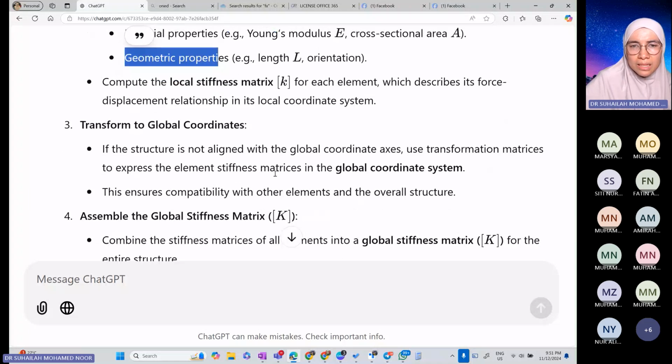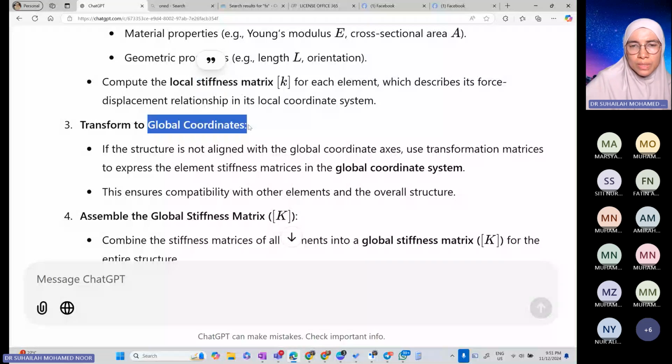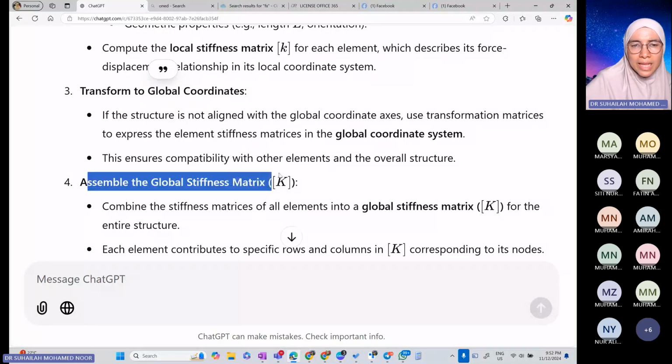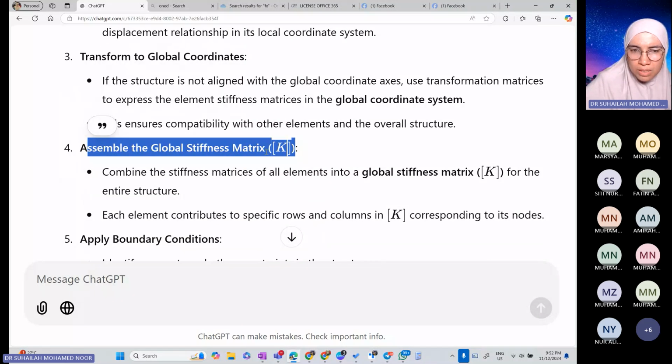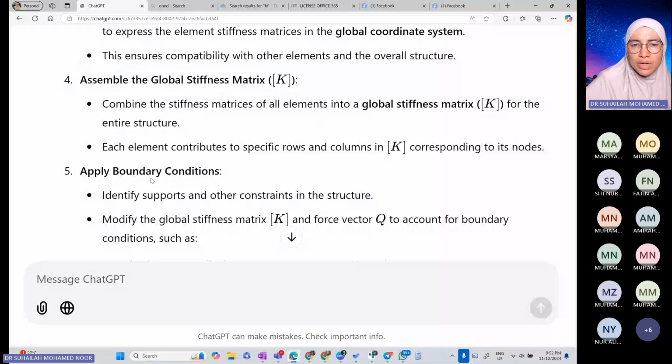Tapi in our case, kita tak tengok for local stiffness matrix, kita go directly to the global coordinate. Kita tak ambil yang local system lah, kita akan refer directly to the global coordinate. Okay, so from global coordinate ada formula, so kita akan establish the global stiffness matrix, the stiffness matrix for the truss, and lepas dah dapat the stiffness matrix for the truss, we will apply boundary condition.